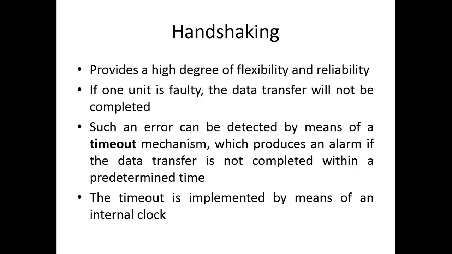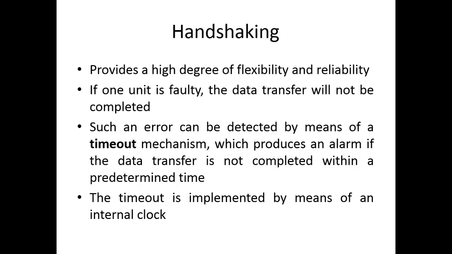And to detect this type of error, handshaking is based on one error detection mechanism that is called timeout. So here the communicating unit, whether it is source or the destination, waits for a particular amount of time to receive the required control signal from the other communicating unit.